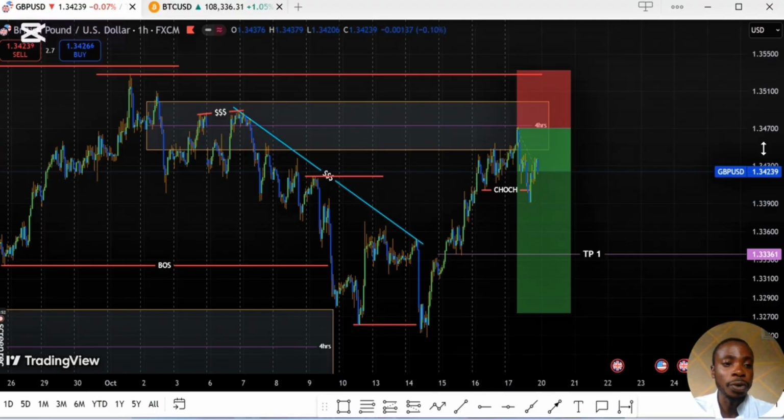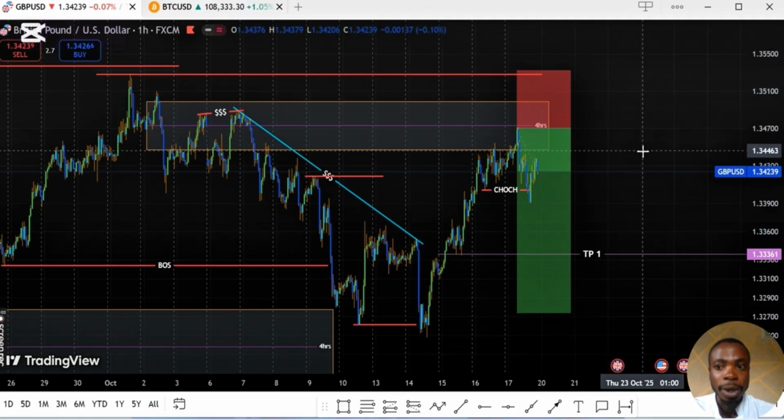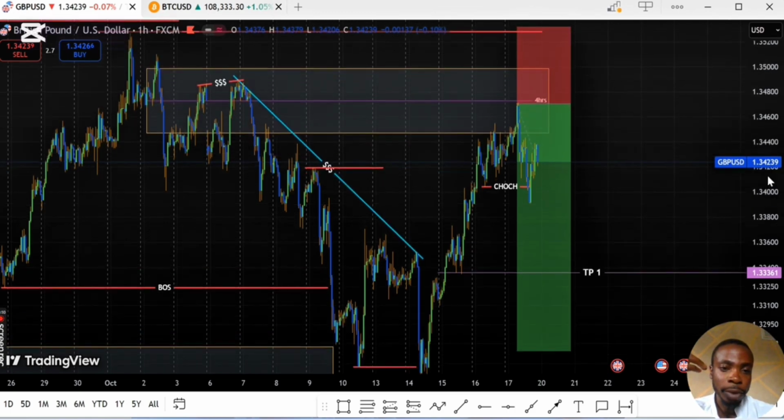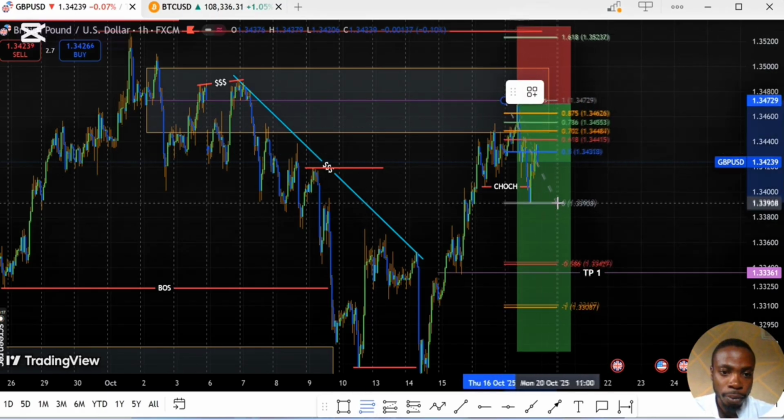If we were to look for entry now, sometimes on the higher time frame, why I do take this aggressive entry is I like to put my stop loss above the most recent valid high or valid low. If we decide to check the golden zone of the structure now, this is a high, this is a low.